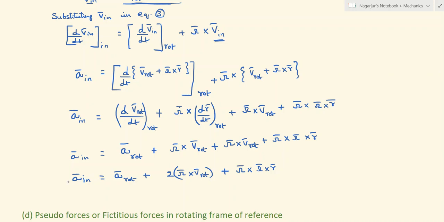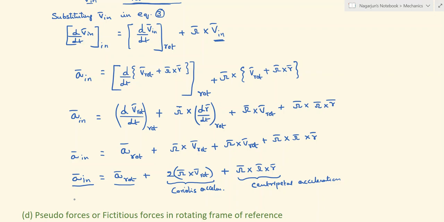Now this is acceleration with respect to inertial frame, this is acceleration with respect to rotating frame, and this is called Coriolis acceleration. And now this acceleration is called centripetal acceleration.